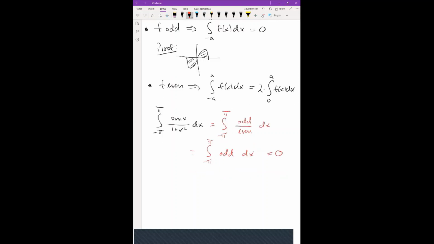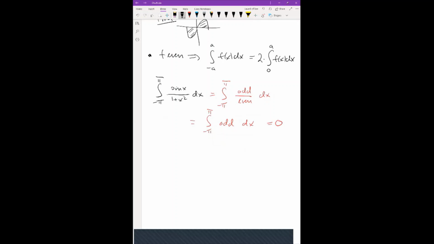Okay, now three more problems. So let's do the antiderivative of x over x squared plus 1 dx.